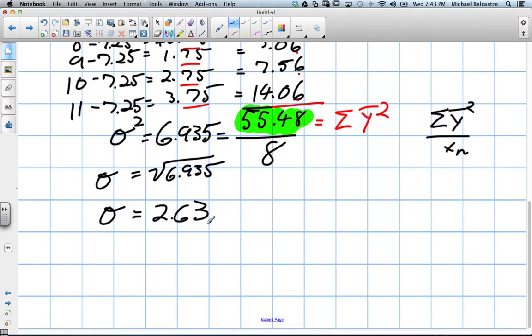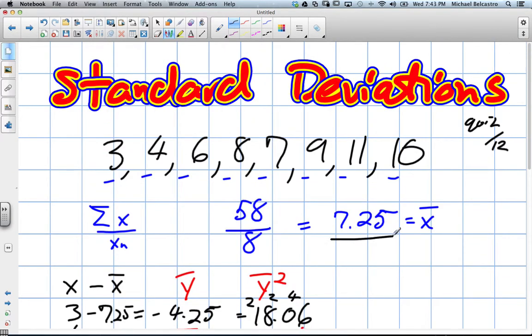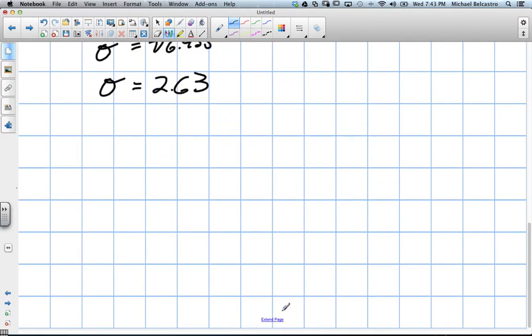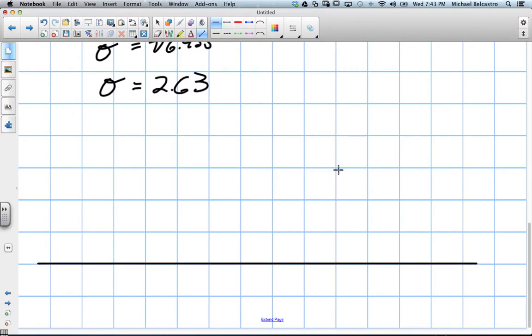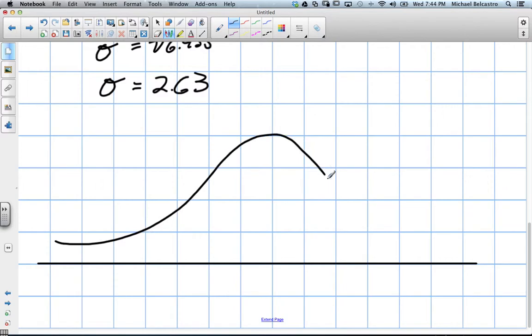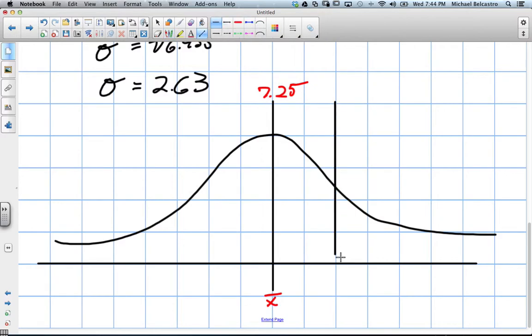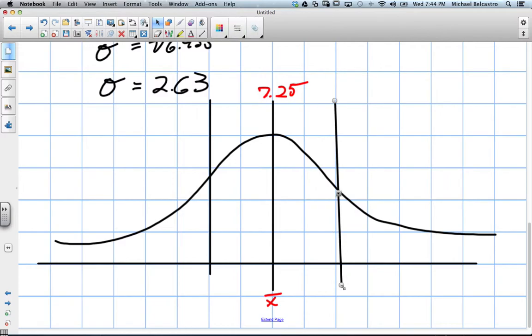So let's take this information. This is the standard deviation, and we knew the mean was 7.25. Assuming this is normally distributed, let's try to create our chart as quickly as we can here. Our mean was 7.25. One standard deviation was 2.63.